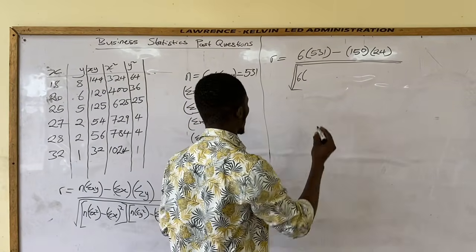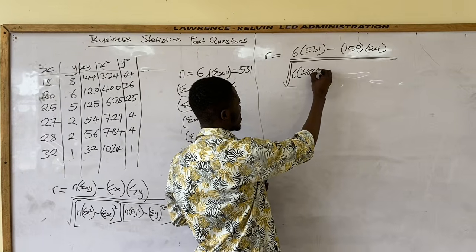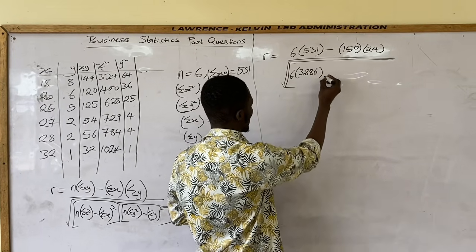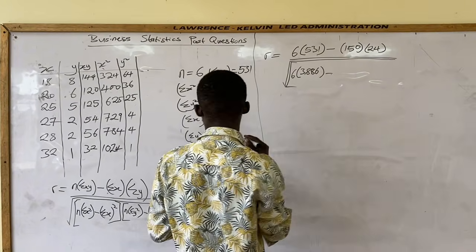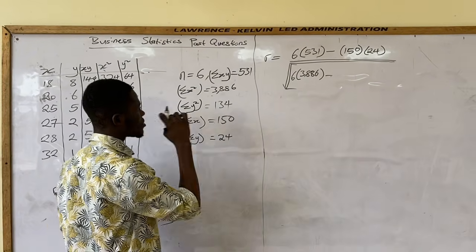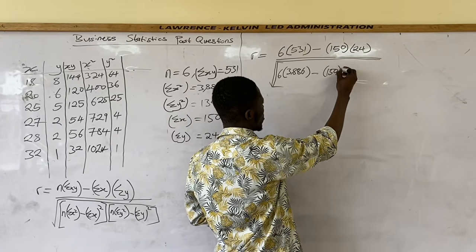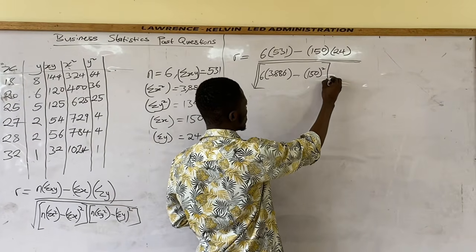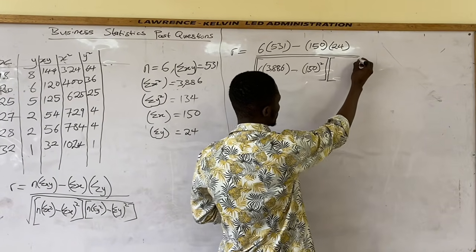Our sigma s squared is 3,886. Minus sigma s all squared. We found that our sigma s is 150, so 150 all squared. You close the bracket. Then you open another one.